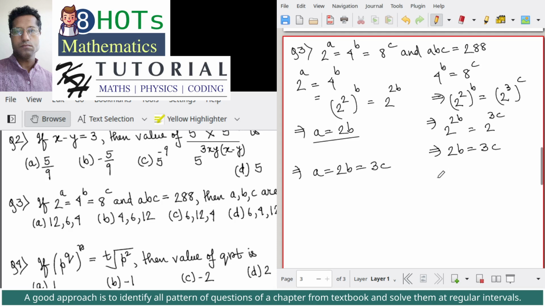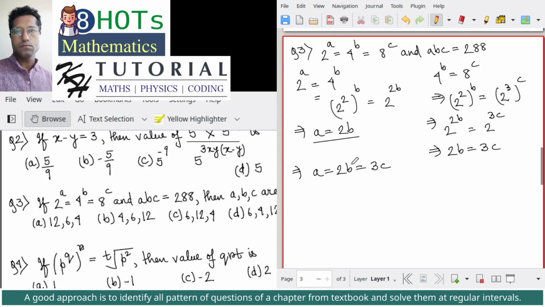I hope now it is very simple. We can easily find the values of a, b and c from the fact that a is equal to twice b is equal to thrice c, which means we are given the ratio of the values a, b and c. If you know the ratio and also that abc is equal to 288, we can easily find a, b and c from the concept of ratio and proportion.